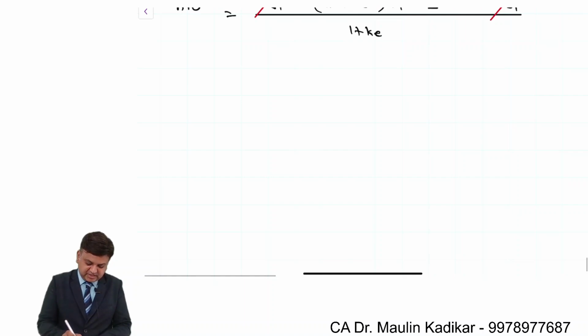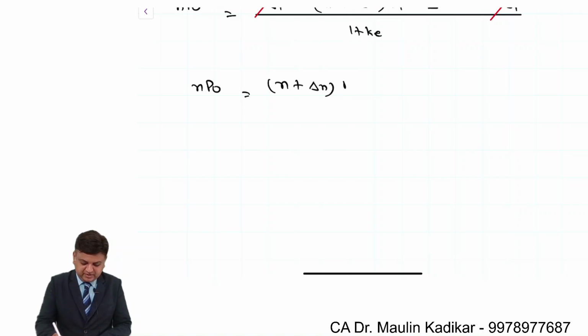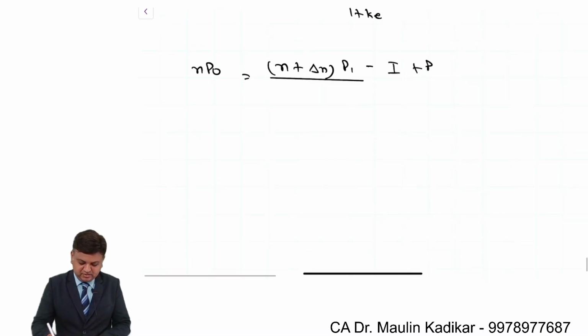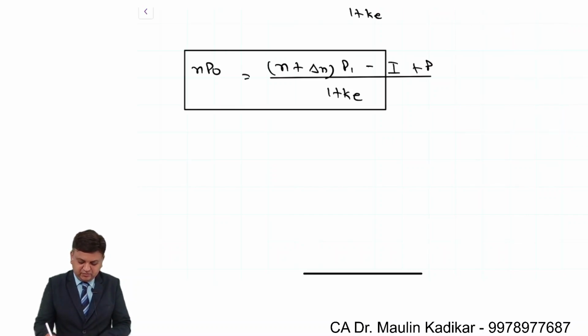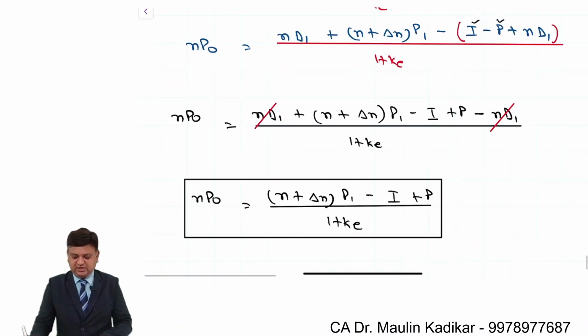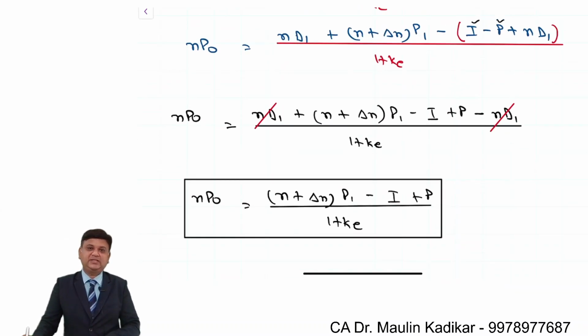We have the current value of the firm as (n plus delta n) into P1 minus I plus P, divided by 1 plus K. So using the Modigliani-Miller approach, we apply this formula for the calculation of the valuation of the firm. This is what we understand.